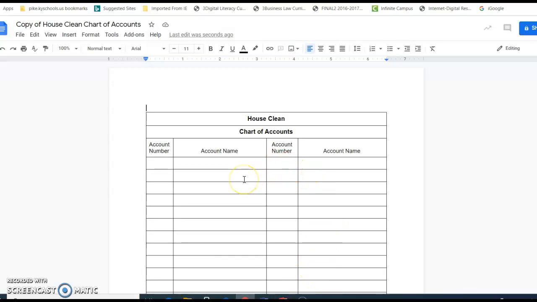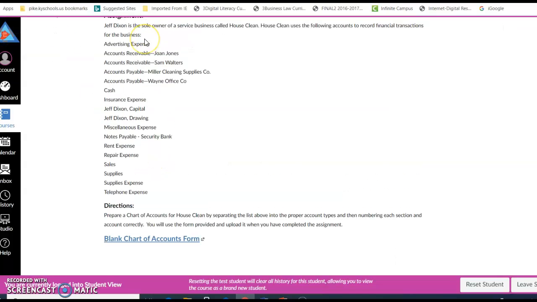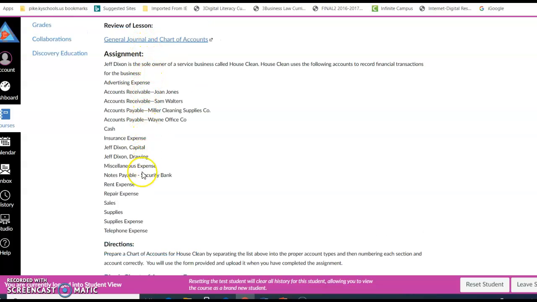Now starting out, remember you need to classify your accounts. So let's say account number 100 is going to be assets. Because remember, assets are always the 100 accounts. And then you're going to be going back to your list of accounts here, and you're going to pick out the asset accounts, and you're going to be putting them into the House Clean Chart of Accounts.